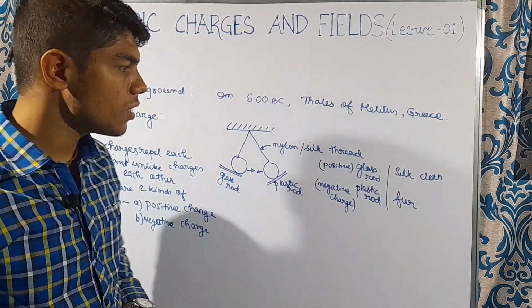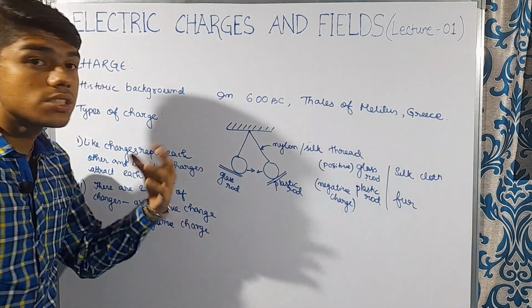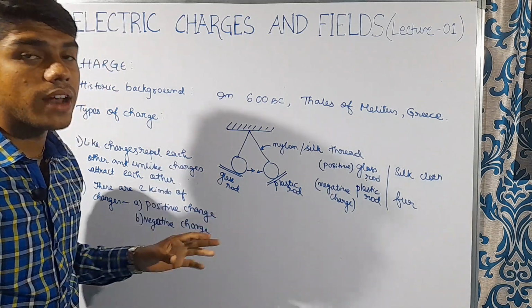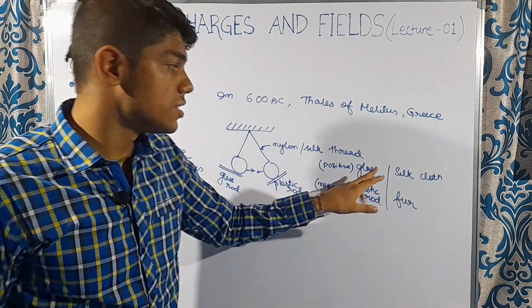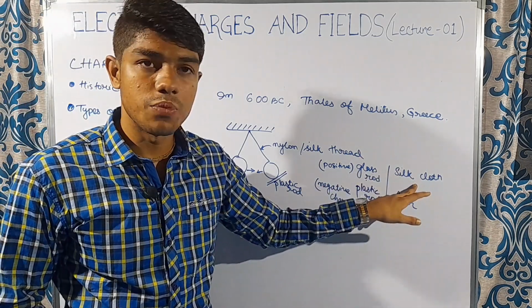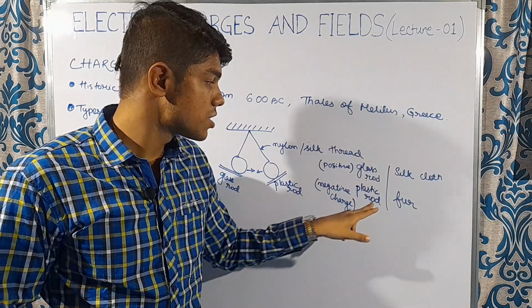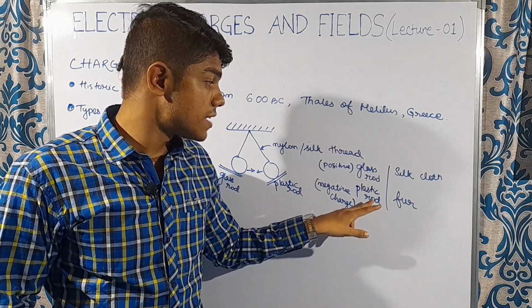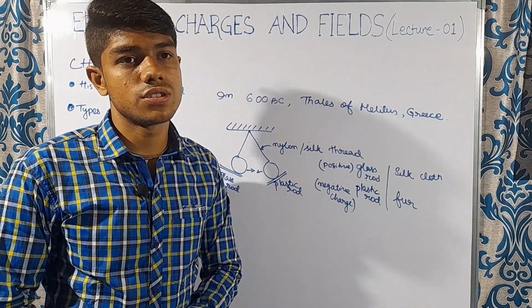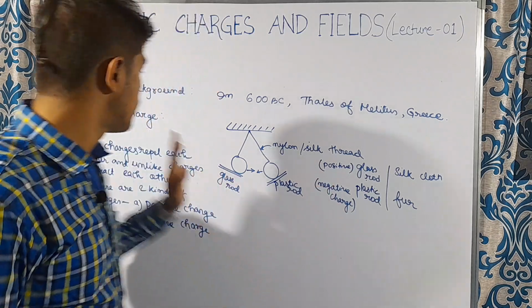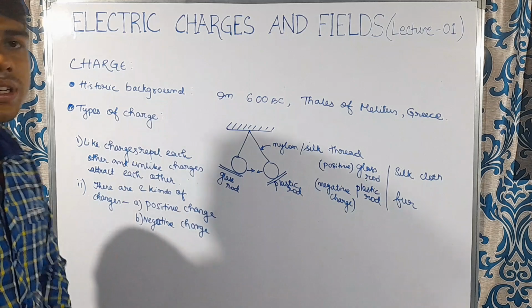Understood? Which one is positive and which one is negative, this is what he said. He told that the charge acquired by a glass rod when rubbed with silk cloth is the positive charge, and the charge that is acquired by a plastic rod when rubbed with fur is known as negative charge. Understood the two different types of charge from this activity?